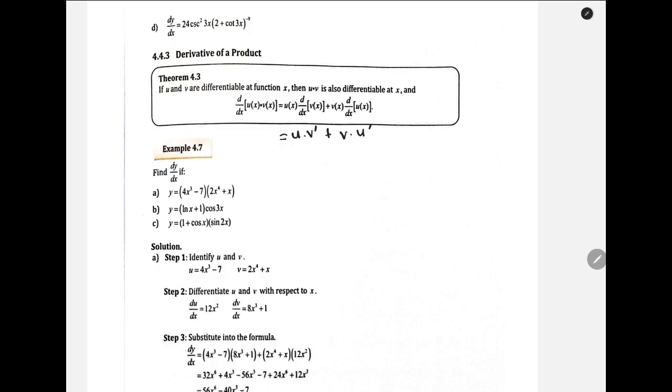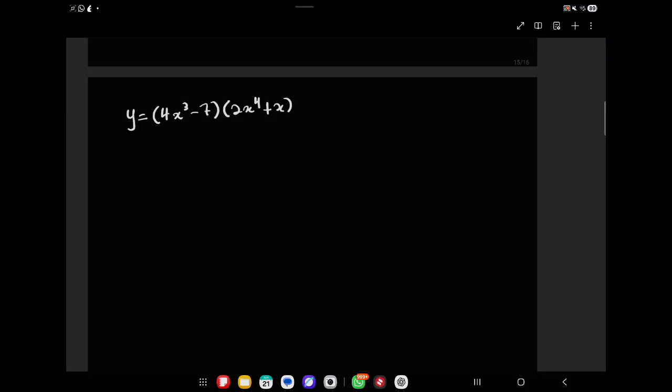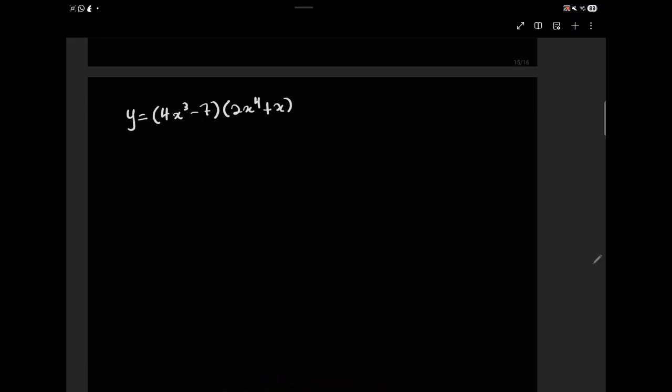So let's look at the first example. Okay, you can see here we have an equation of multiplication between two functions. This indicates that we need to use the product rule.